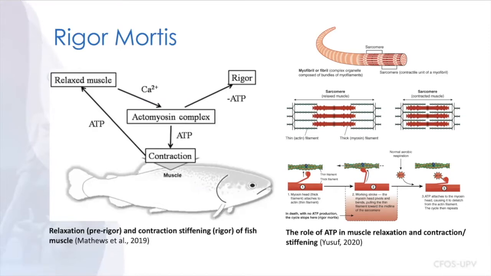There is a rigor mortis state wherein nagsistiff yung muscle ng fish, and after that rigor mortis state, babalik siya dun sa relaxation state. So at the time na matatapos na yung rigor mortis state, magre-relax ulit yung muscle, it's an indication that nag-undergo na ng spoilage yung fish natin. Okay, so you just read the guide here, no? So you will learn more about the stiffening or the actin myosin complex formation.